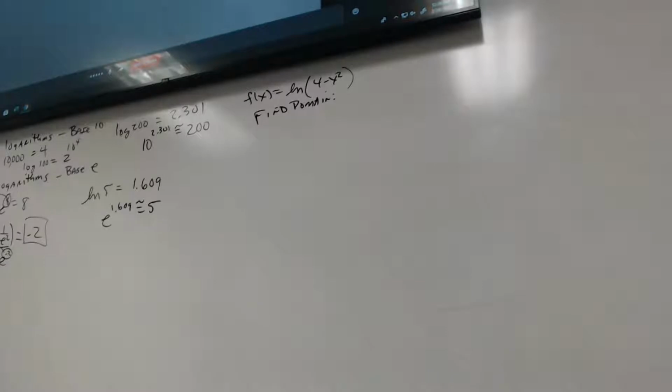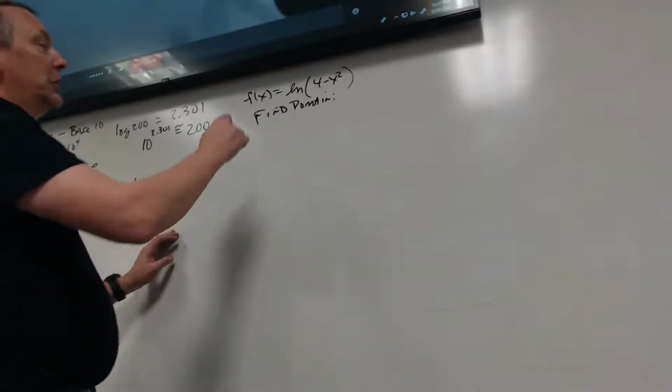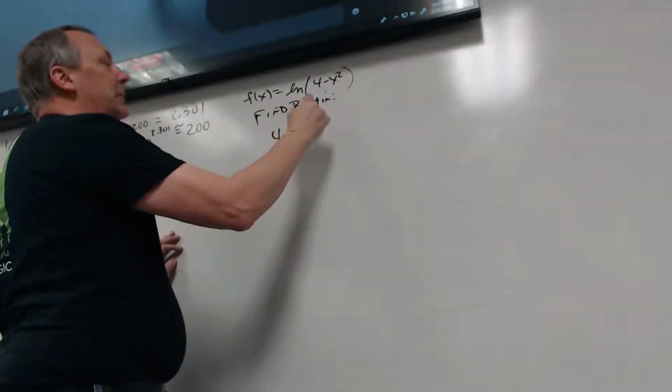So, Cameron, do you have any idea how you would do that? Would you factor 4 minus x squared? Factoring would not be the first thing that I would do. You would set 4 minus x squared equal to 0.